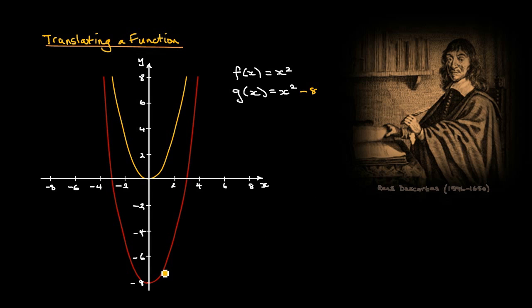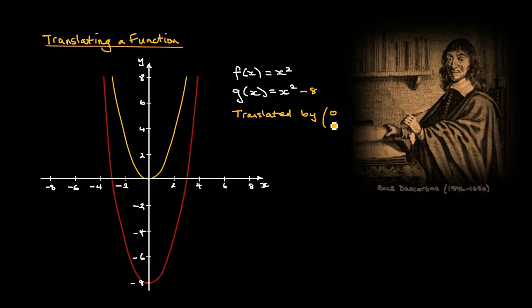Okay, so in other words, the translation can be expressed as the curve has been translated by 0 in the left-right direction, but minus 8.